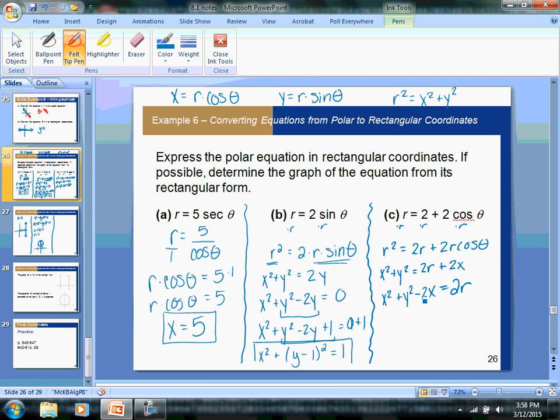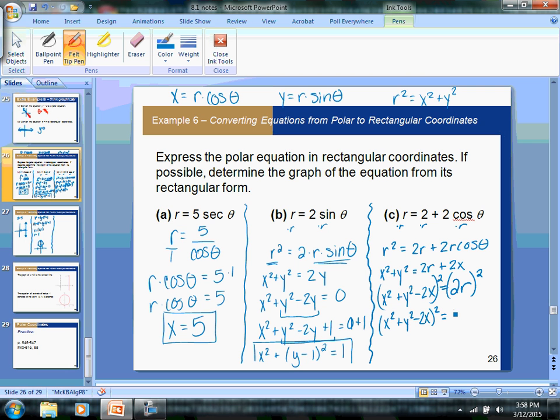So the other strategy I can use to get an r squared is to square both sides. Now, this term over here, I'm not actually going to FOIL this all out or distribute this all out. I'm just going to leave it as x squared plus y squared minus 2x, the whole thing squared.